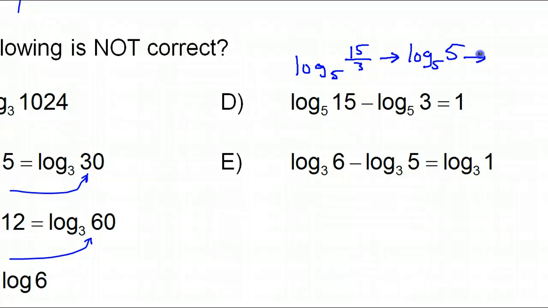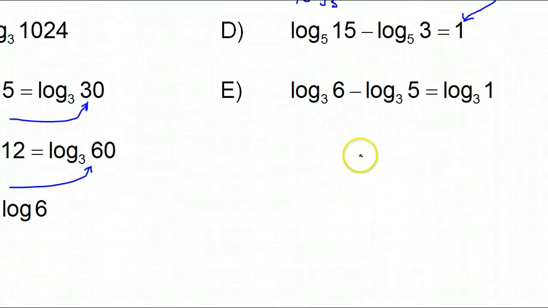Now, the value of this you should be able to do in your head as you ask yourself, 5 to the what power is 5? And that is 1. 5 to the 1 power is 5. So the value of this is 1. And that's what we have, so this one is correct. That means E must be the answer.